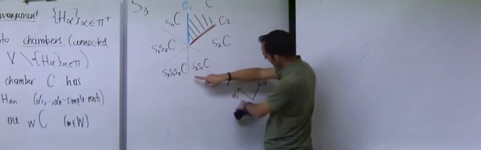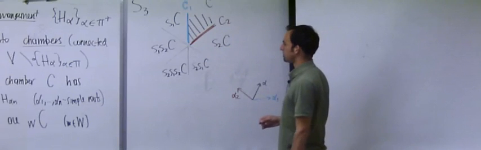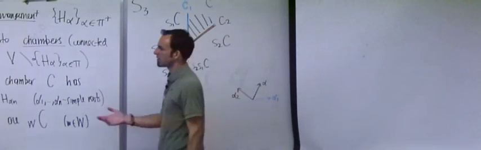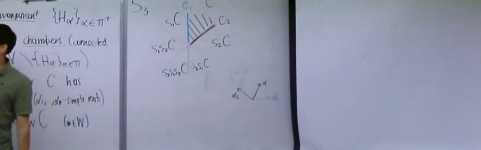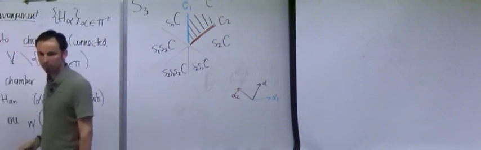And if your product with alpha 2 is positive, that means that you're on this side of the hyperplane. And so really what I get is this little piece. That's C1. Another way of thinking about it is that I take some of these strict inequalities and make them now equalities. And so I'm just saying go to some of the walls of C. For example, this is C2.